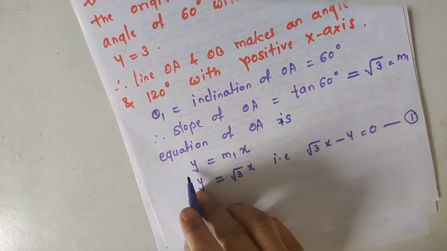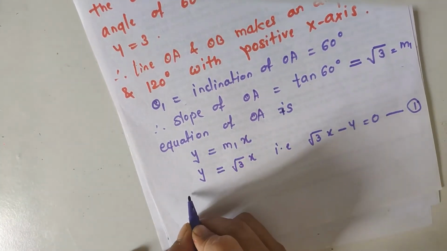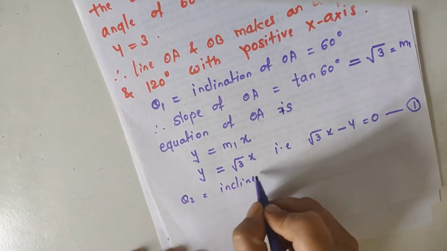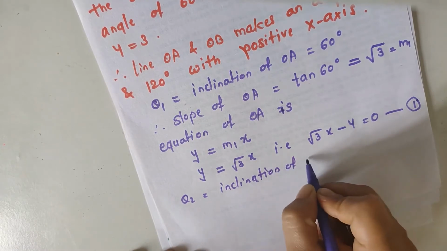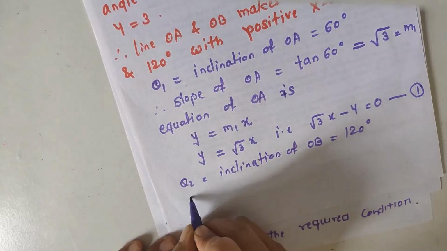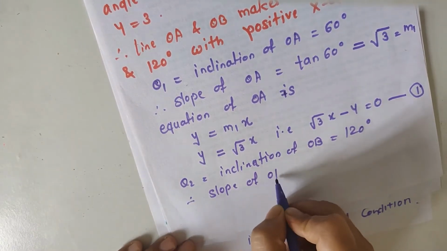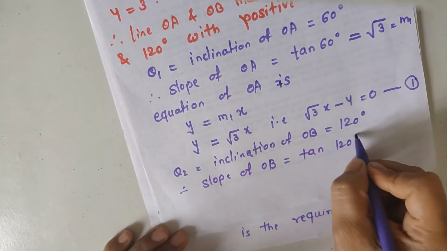Now using the inclination of line OB, that is theta 2, the inclination of OB is equal to 120 degrees. So the slope of OB is equal to tan 120 degrees.